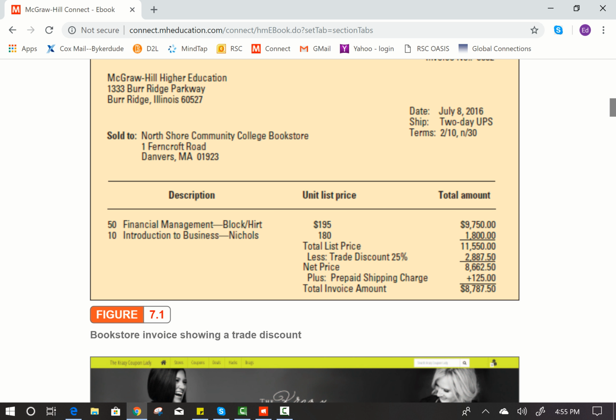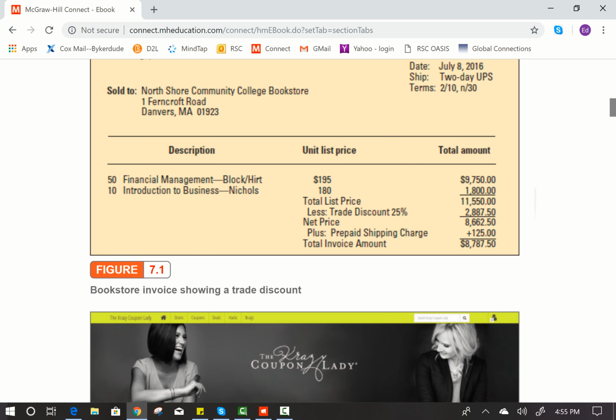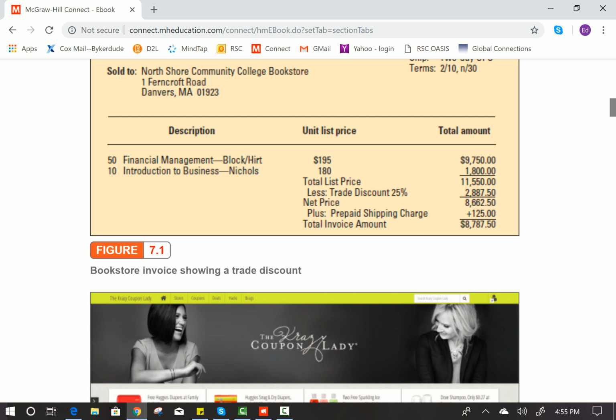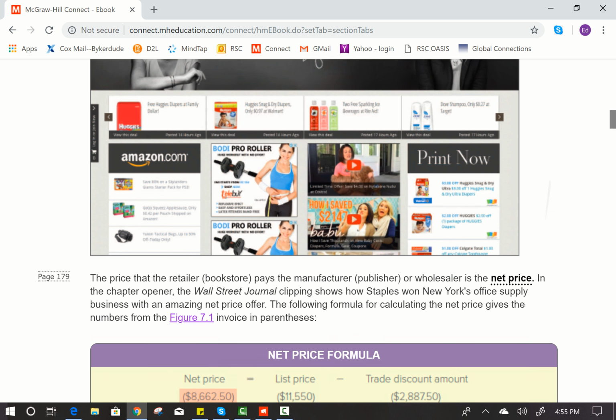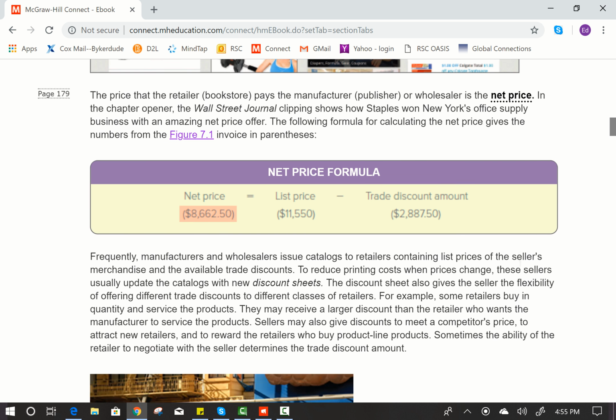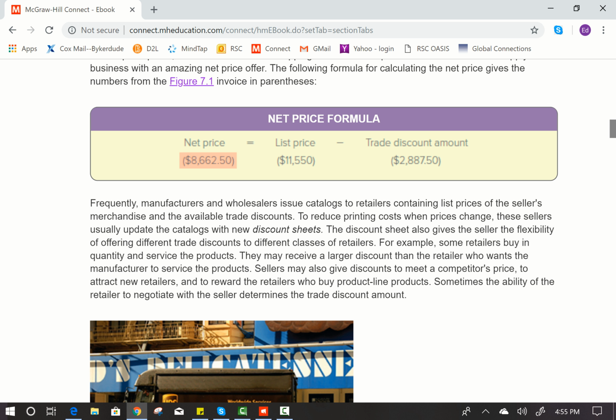And so in 10 days from July the 8th, which is July the 18th, if North Shore Community College Bookstore pays for this shipment, then you will be given a 2% additional upfront discount. Okay, I believe, by the way, the net price formula, you take your list price of $11,550 minus your trade discount amount, and that gives you your net price. We've already calculated that in that previous example.